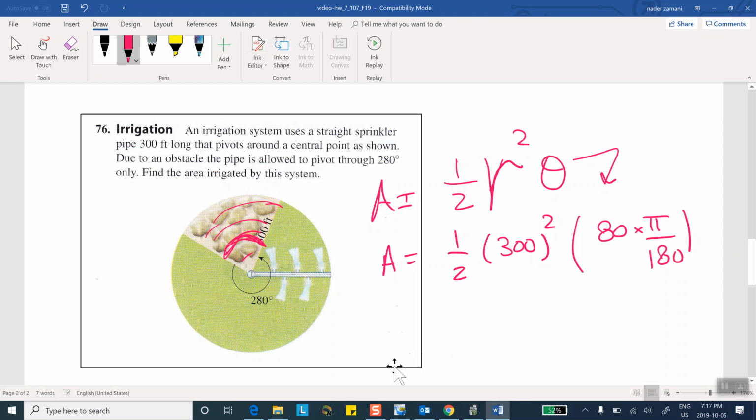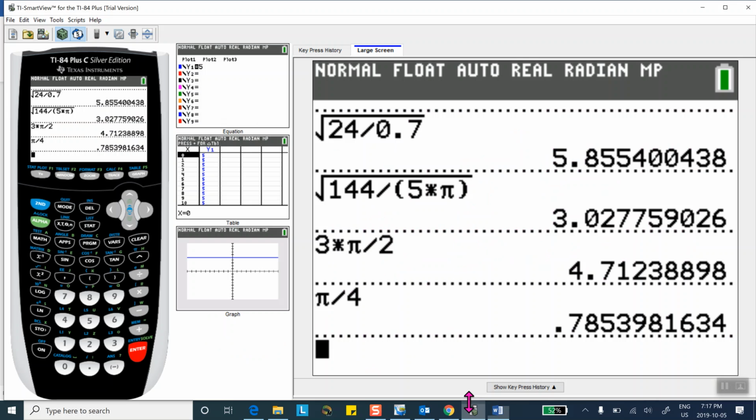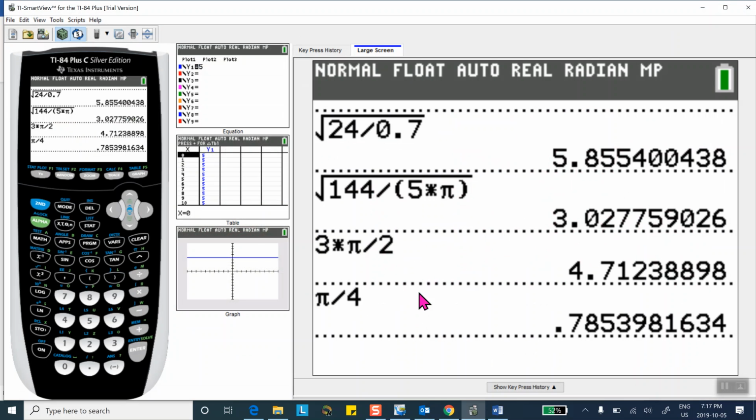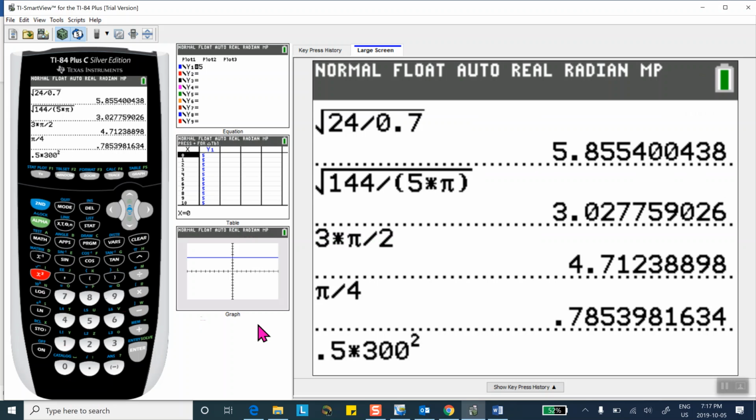And you put this thing directly in your calculator. I don't want to do that in my head. So it's going to be 1/2, or 0.5 times 300 squared. Let's write down 300 and square it, and then multiply. I open the parentheses.